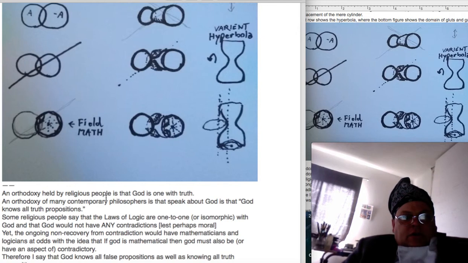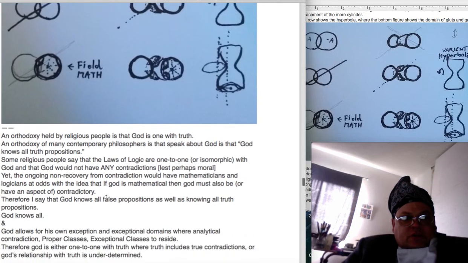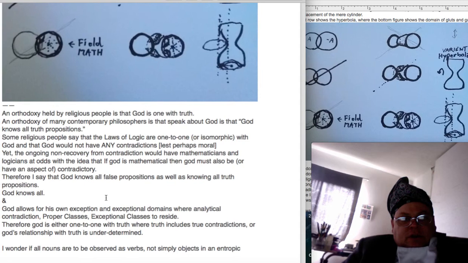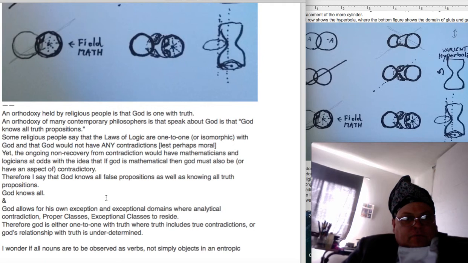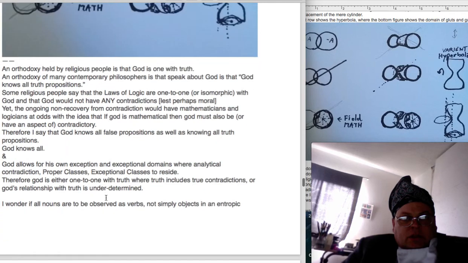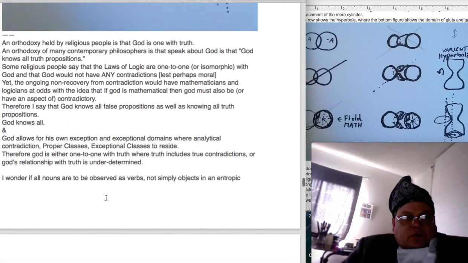Yet the ongoing non-recovery from contradiction would have mathematicians and logicians at odds with the idea that if God is mathematical, then God must also be or have an aspect of contradictory. Therefore, I say that God knows all false propositions as well as knowing all true propositions.